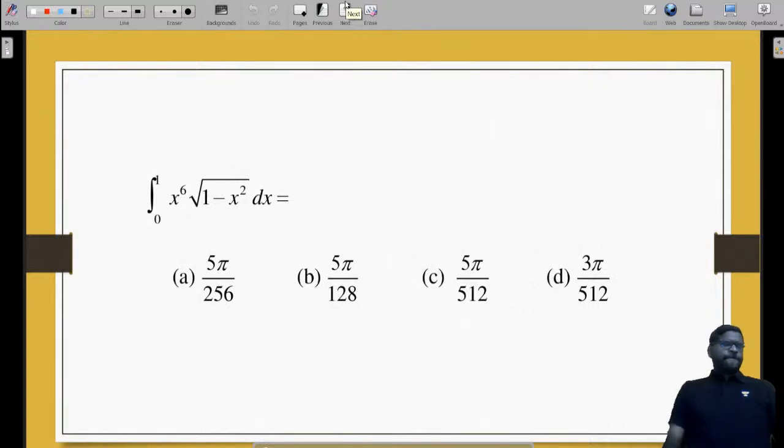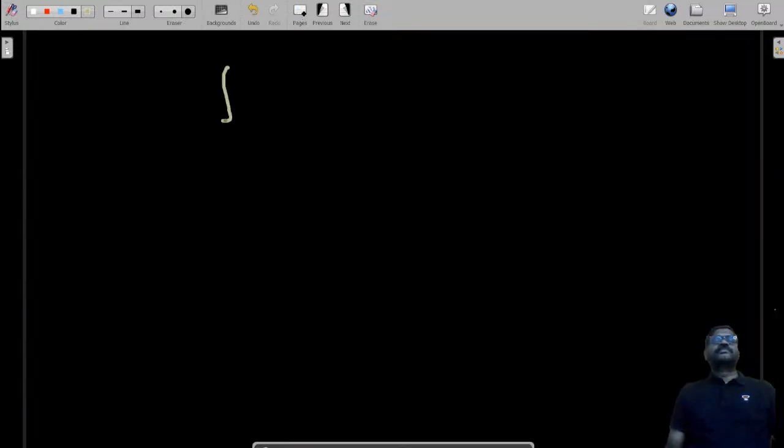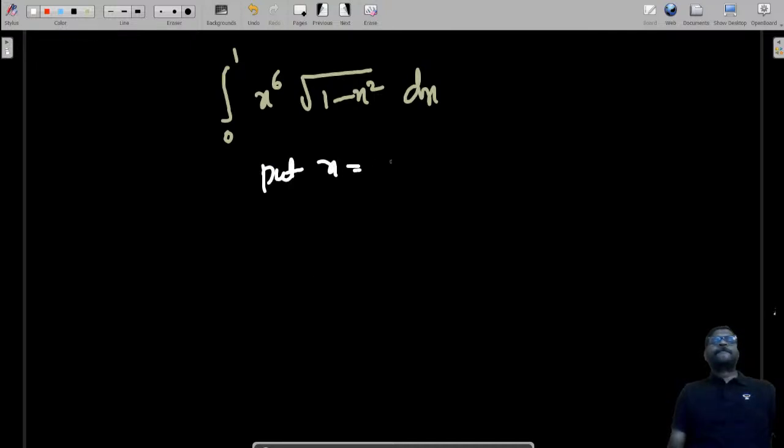Integral 0 to 1, x power 6 into square root of 1 minus x square dx. Put x equal to sin theta, dx equal to cos theta d theta.